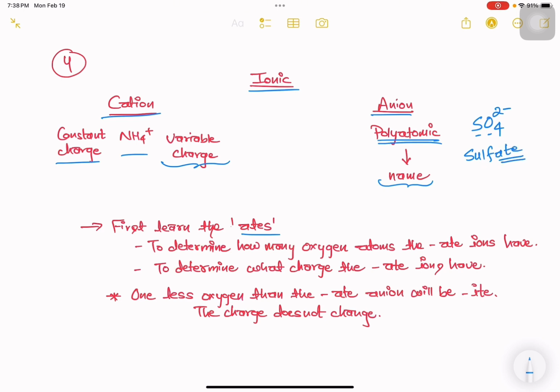Here comes -ate. Now if I decrease 1 oxygen from this sulfate anion, it is going to be SO3 2-, and remember this charge will never change. This is going to be sulfite, -ite, okay.